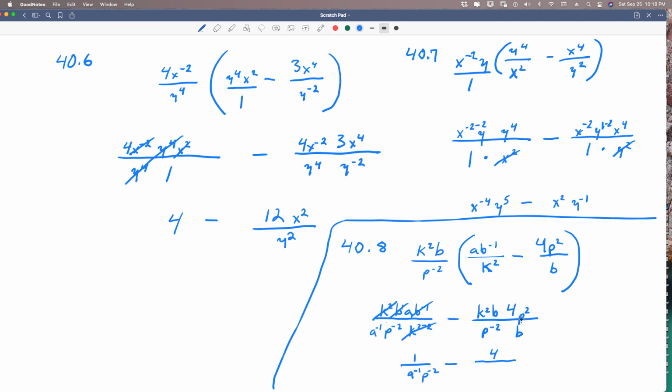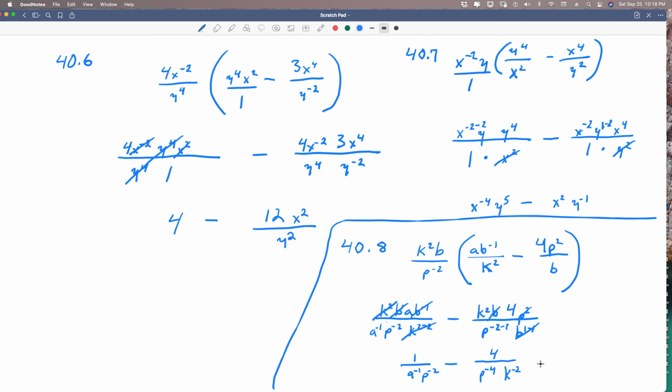When we bring it down, we're going to subtract 2. So it's going to be p to the negative 4. And we have a b to the 1. When we bring it down, it's going to be 1 minus 1. That cancels, so that goes away. So all we have left is k to the negative 2 when we bring it to the bottom. And the book agrees we got this one right.